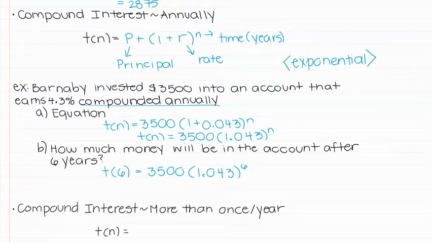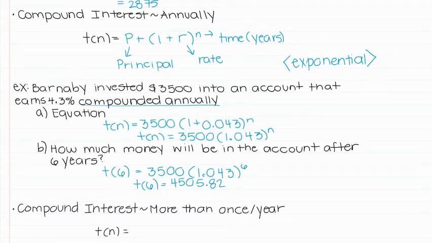Now in certain calculators, depending on the model and how new it is, you might want to do 1.043 to the 6th power first and then multiply by 3,500 just to assure that it's following PEMDAS. But T of 6, once you do that, will be 4,505 and then 0.82.